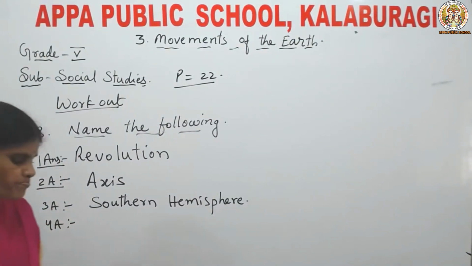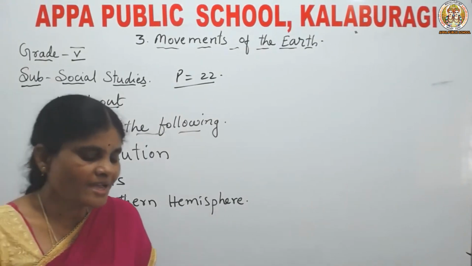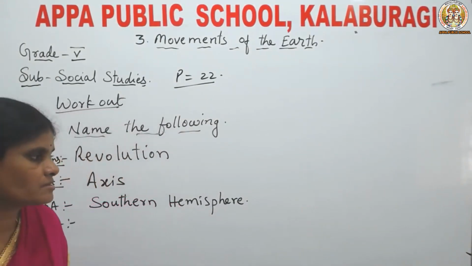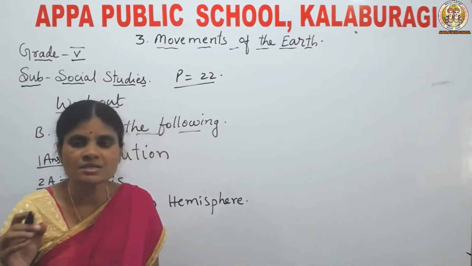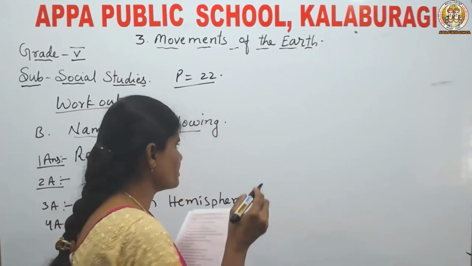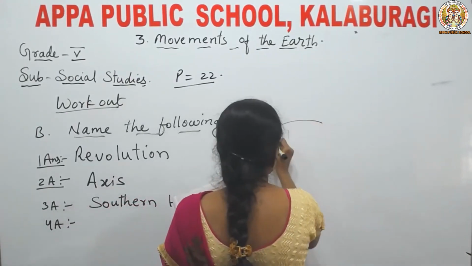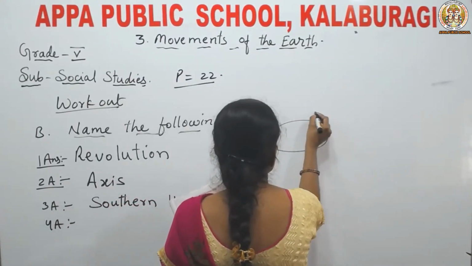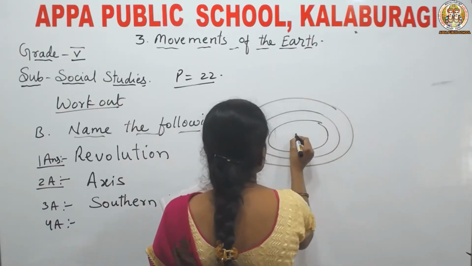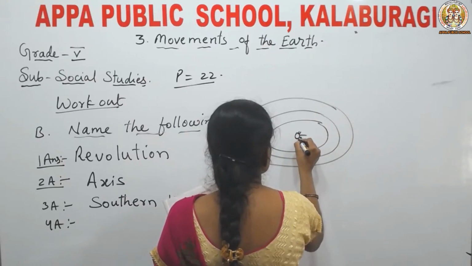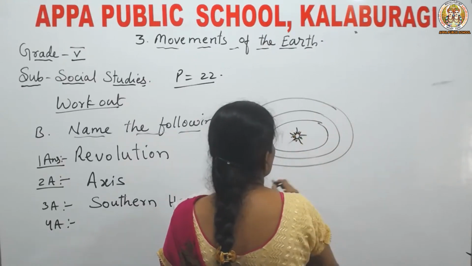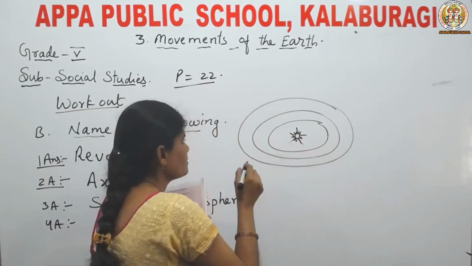Fourth answer. Imaginary path on which the Earth revolves around the sun. The path in which the Earth revolves around the sun is called orbit. This is the sun.